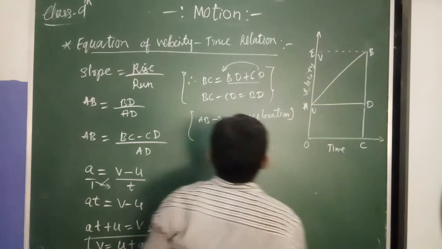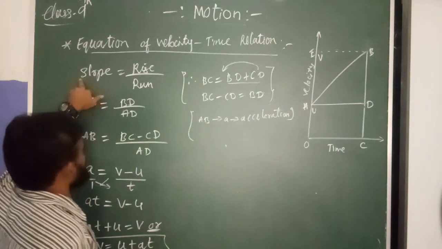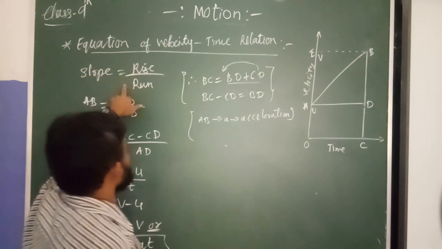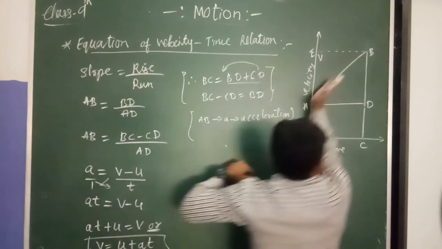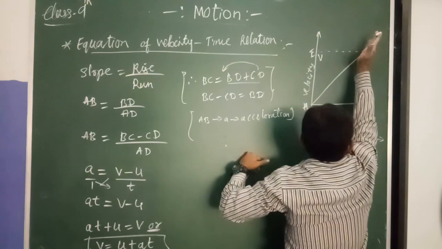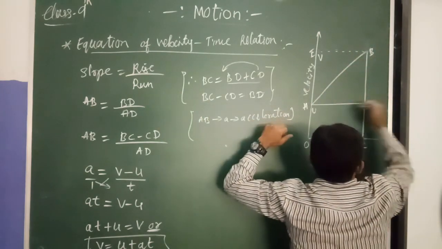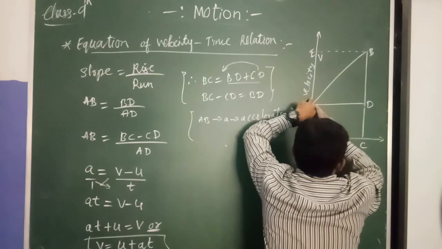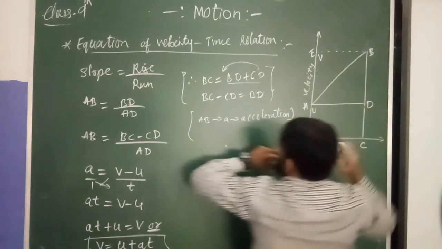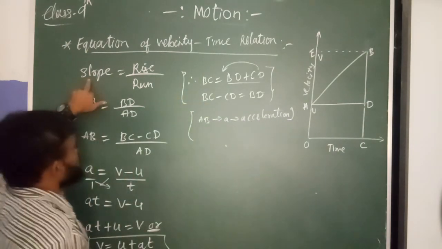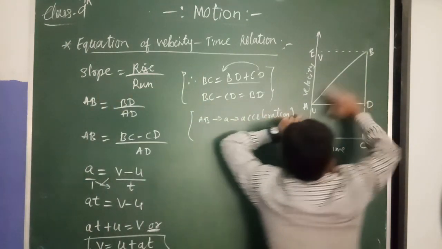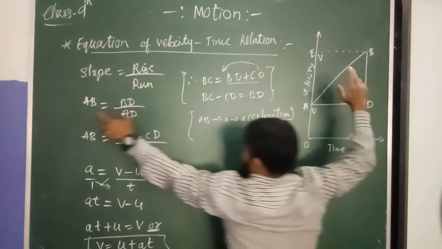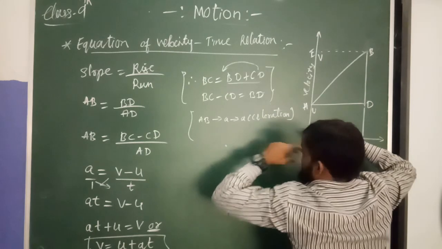So here we use the general slope formula. Slope is equal to rise by run. Rising is the slope going up, and the run is the time. So here AB is the slope.